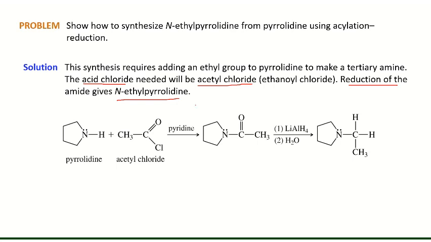So the reaction would look like this: pyrrolidine plus the acetyl chloride. Yes, you have the addition-elimination, i.e. the substitution of the chloride with the pyrrolidine, and this is your product.